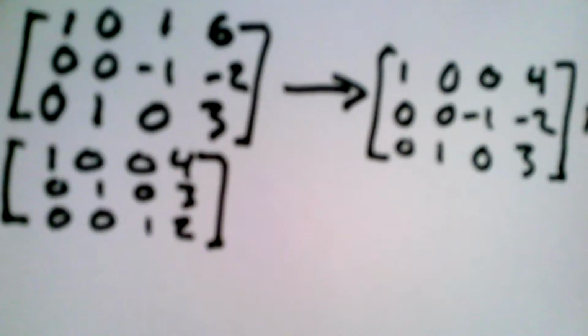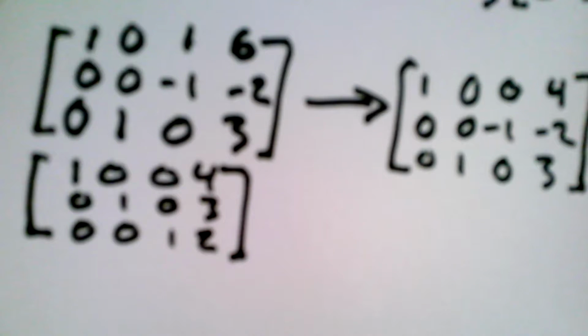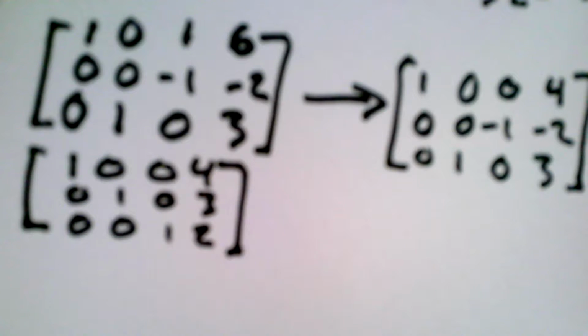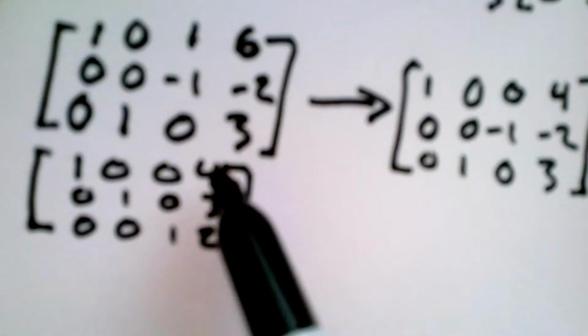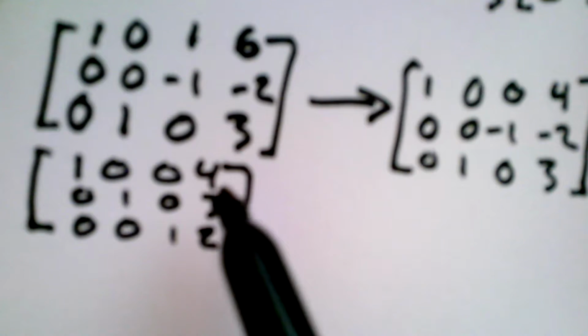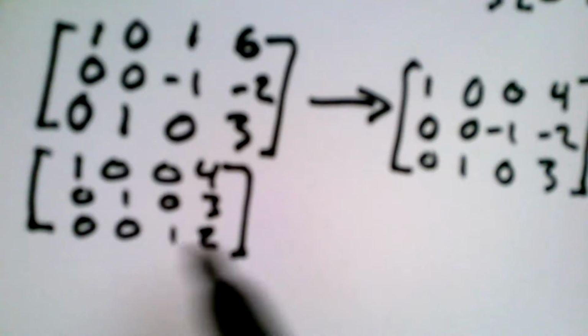And I claim that that is a solution to our original linear system. So to check, what I claim is that x equals 4, y equals 3, and z equals 2.